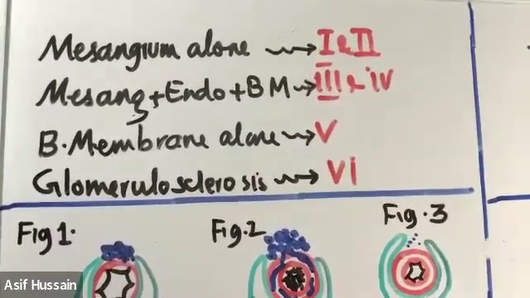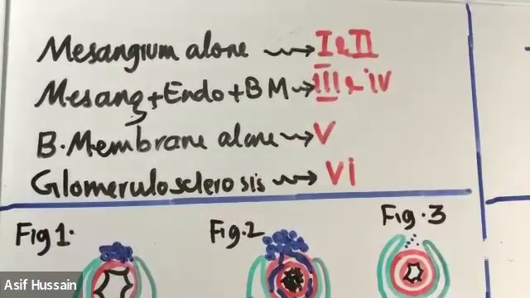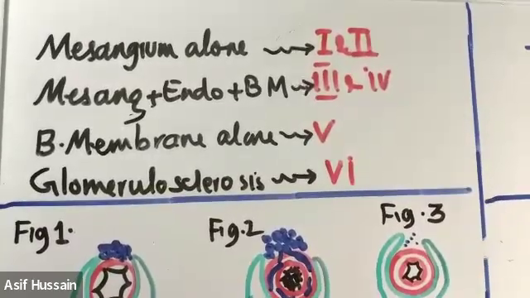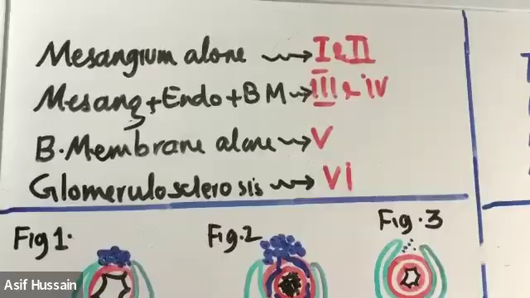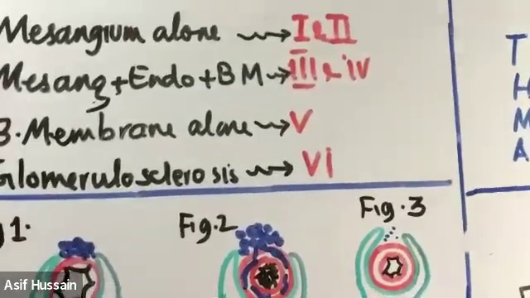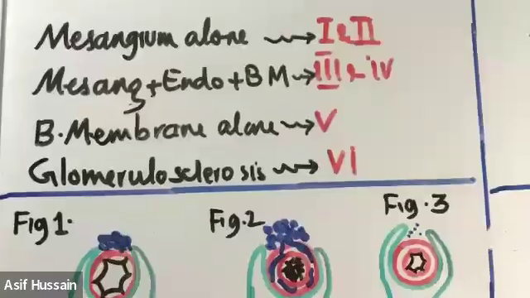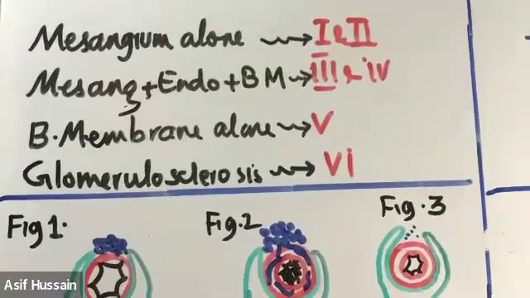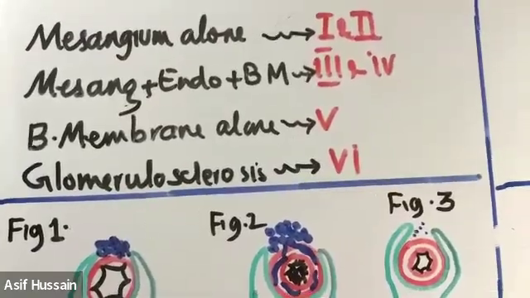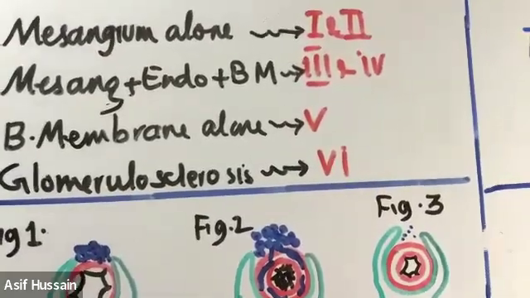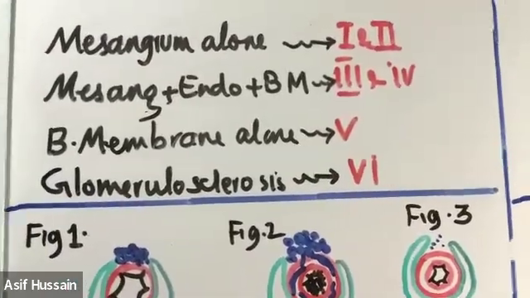The difference between stage 1 and stage 2 is that stage 1 is so subtle, so mild, that light microscopy doesn't detect any inflammation. Stage 2 is a bit more advanced, and the inflammation and mesangial proliferation are detectable by light microscopy as well.